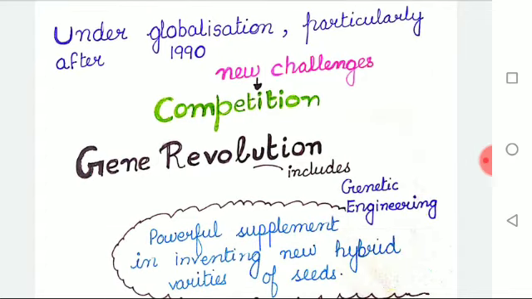Under globalization, particularly after 1990, the farmers in India have been exposed to new challenges. Despite being an important producer of rice, cotton, rubber, tea, coffee, jute, and spices, our agricultural products are not able to compete with the developed countries. The reasons for this were the new challenges, and the challenges are reduction in public investment by government in the agricultural sector, particularly in areas of irrigation, power, rural roads, market, and mechanization.